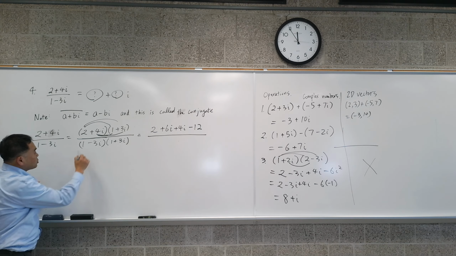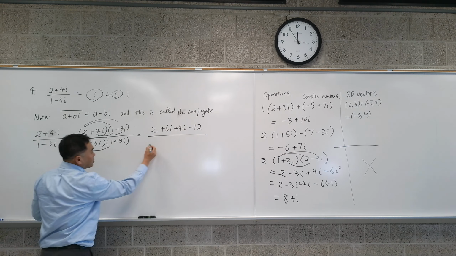And for this one, 1 times 1 is 1. 1 times 3i gives you plus 3i. -3i times 1 gives you minus 3i. And then minus 3i times positive 3i. Well, I squared gives you -1. There's a minus already, so that now that's going to make it plus. And then 3 times 3 is 9. That's what you get.